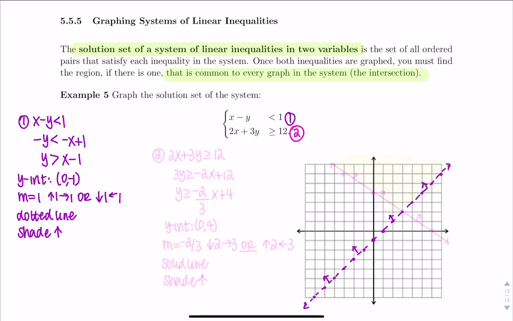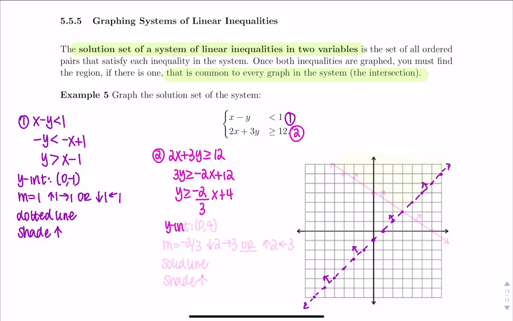Let's do the same thing for example number 2. We've got 2x plus 3y is greater than or equal to 12. So we need to solve for y. We've got 3y is greater than or equal to negative 2x plus 12, or y is greater than or equal to negative 2/3 x plus 4.